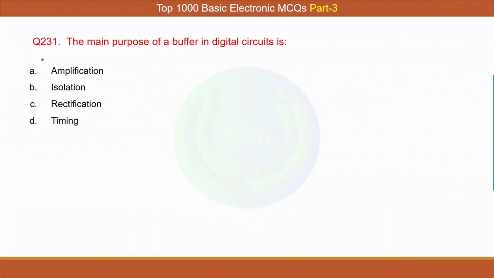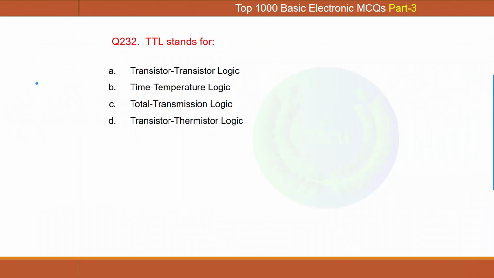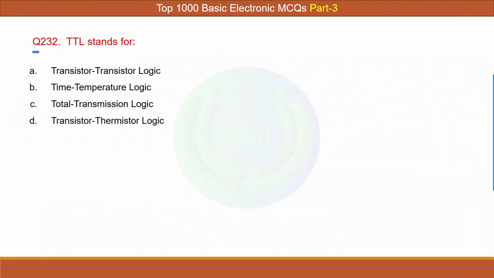Next question, question number 231. The main purpose of a buffer in a digital circuit is option A amplification, option B isolation, option C rectification, option D timing. The answer is option B isolation. Next question, question number 232.